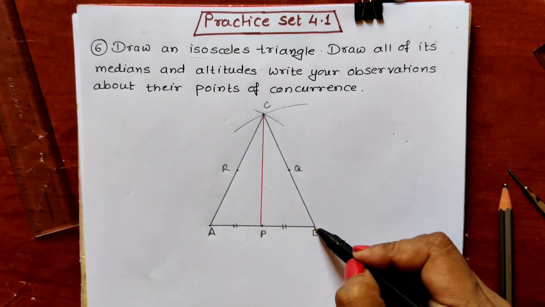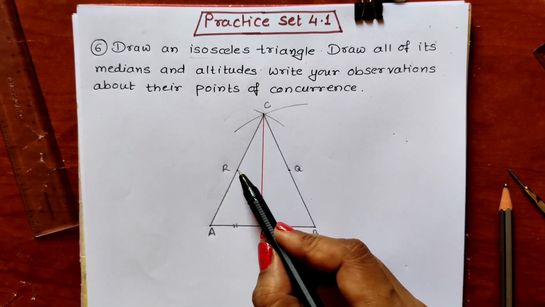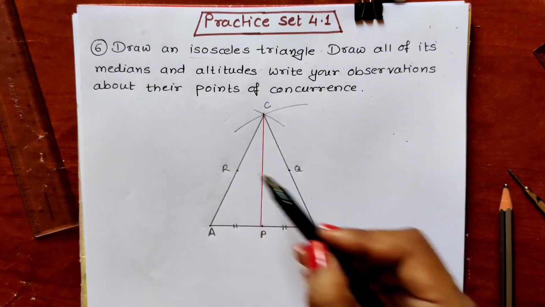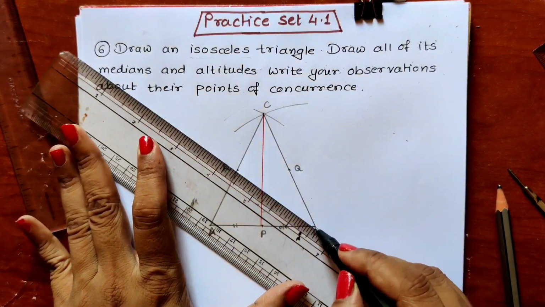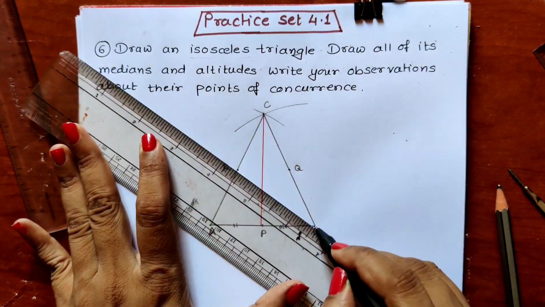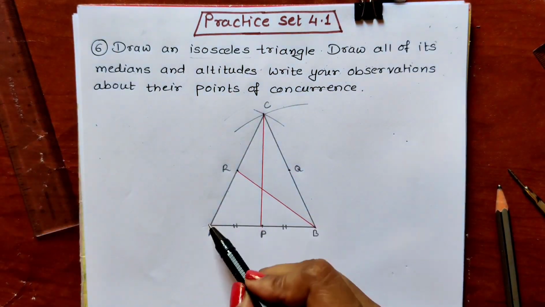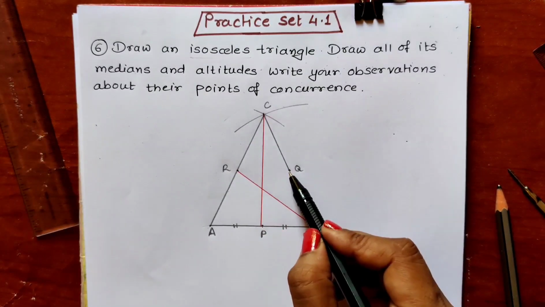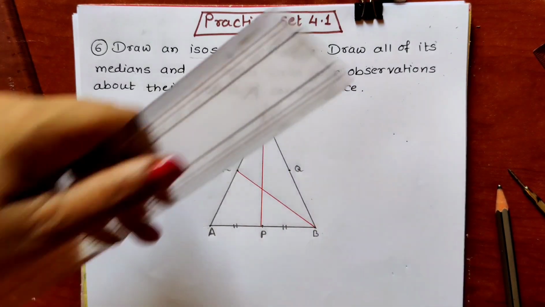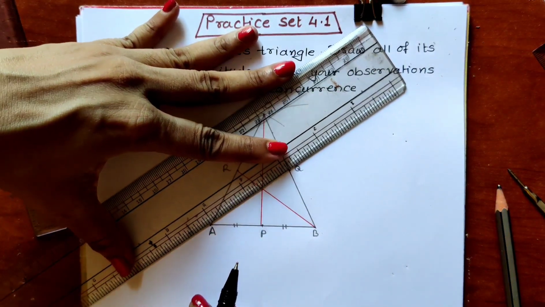Now point B's opposite side is AC, and we have to join the midpoint of AC with point B. Then vertex A's opposite side is side BC, whose midpoint is Q. So I will join A with Q to get my third median.